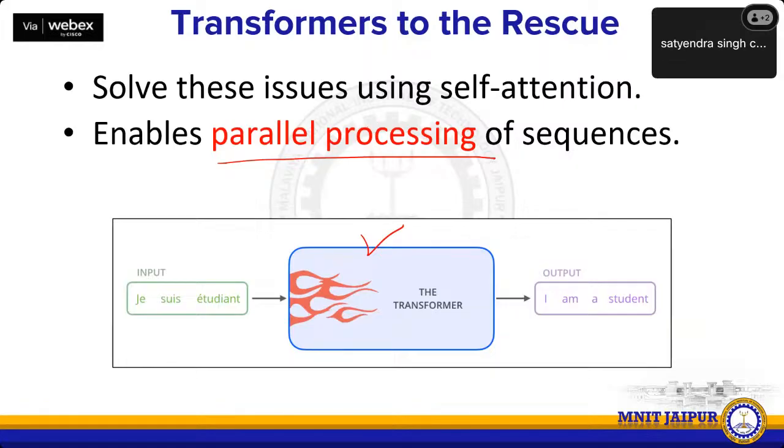Just to give you intuition, when we talk about parallel processing, most algebraic operations can be performed in parallel, like matrix to matrix, matrix to vector, and vector to vector. So the transformer takes an alternative way to maintain the sequence, and still comes up with a way so that the computation can be done in parallel.